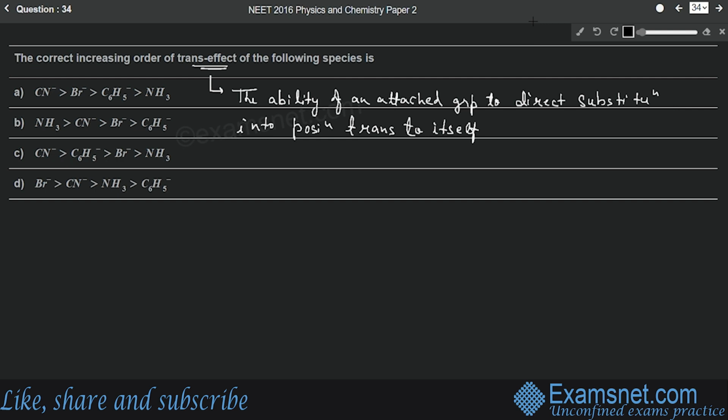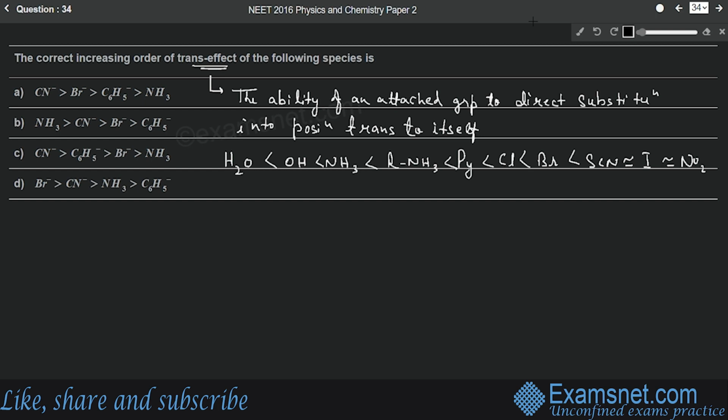Now if we write the trans effect of various groups in increasing order, it will be water, that means it has very less trans effect, then OH, then NH3, then RNH2, then pyridine, py, then chlorine, bromine, SCN, that means thiocyanate, then that is nearly equal to that of iodine, that is also nearly equal to NO2.